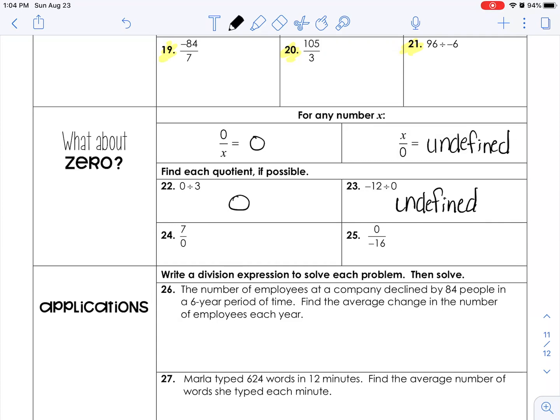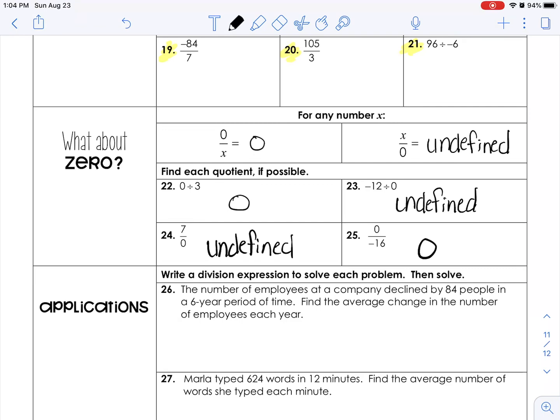So like in 24, your denominator is 0. So you're dividing by 0, so that's also undefined. And then 25, 0 divided by 16 is 0. That numerator or your first number is 0, so your final answer is 0.